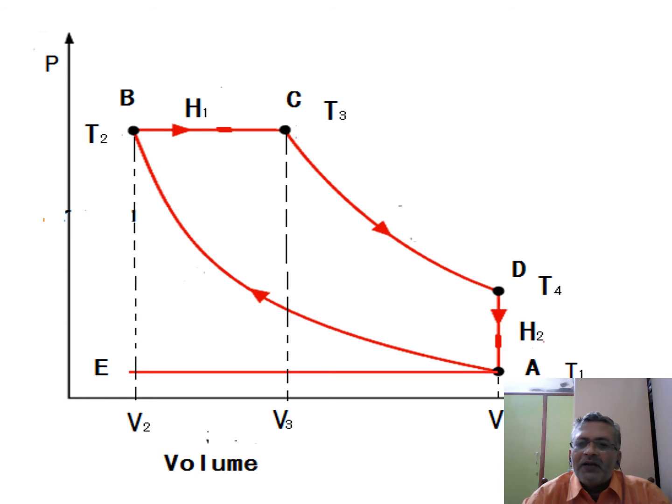D to A represents the exhaust stroke. Temperature falls to the sink from T4 to T1. And A to E represents the ejecting stroke, where all the unburned gases and fuels go off to the sink. This is called the diesel cycle.